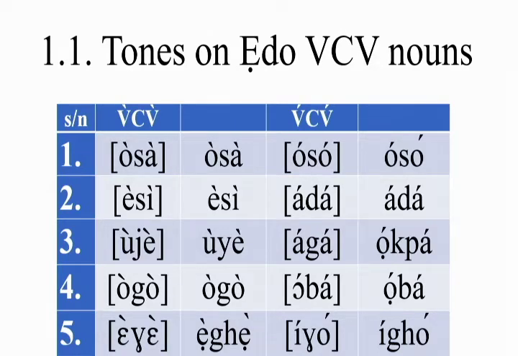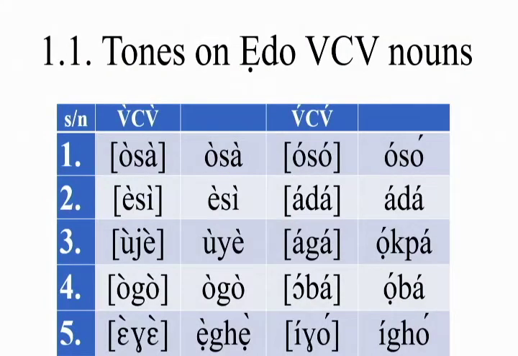So let us look at the Edo VCV words as you have it there. Number 1 to 5. There are 4 columns. The first 2 columns are the words with the low tone pattern, the phonetic form, and their orthographic form. And then the last 2 columns, you have the words with the high tone pattern.